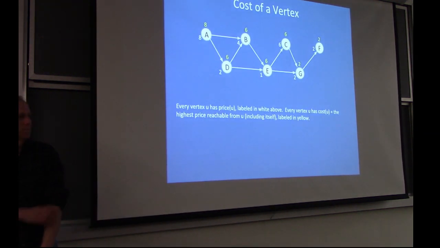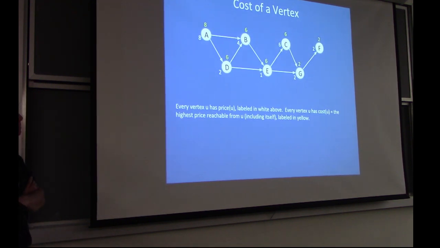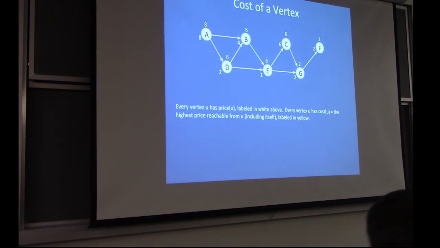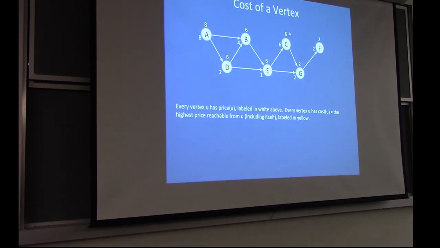I'm sorry. Why are you comparing the prices and not the costs? Like for E, why aren't you comparing the cost of the yellow 6 and the yellow 2 instead? We are. So to compute this yellow 6 right here, I have to look at that yellow 6, because that's the cost of C. And I got to look at the cost of G, but I got to look at my price.